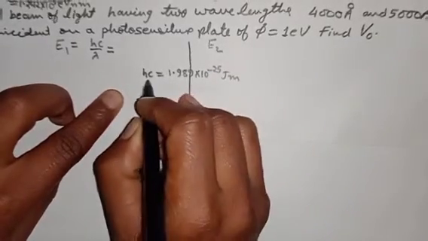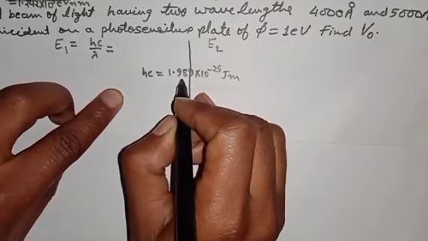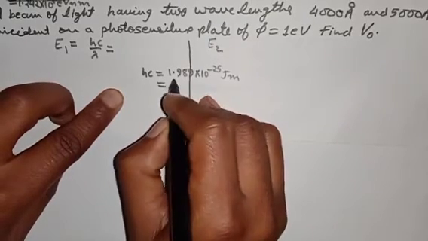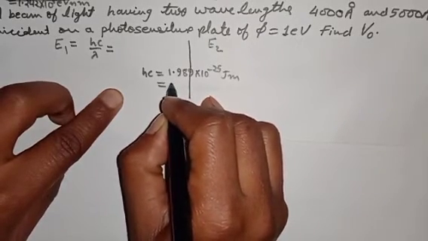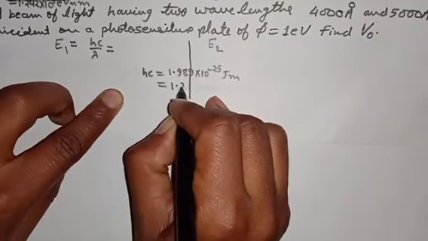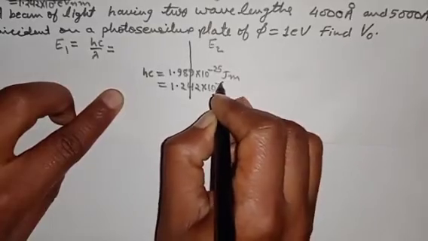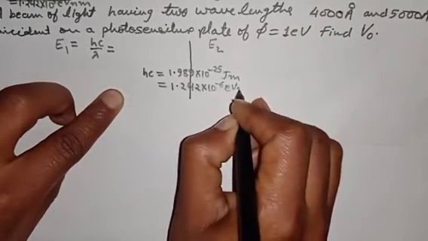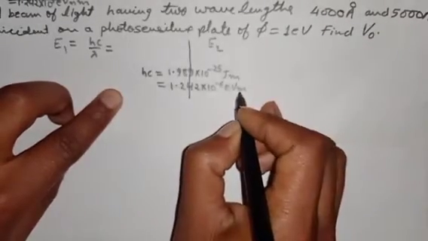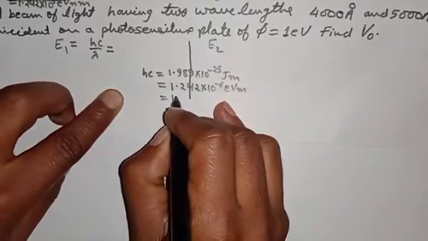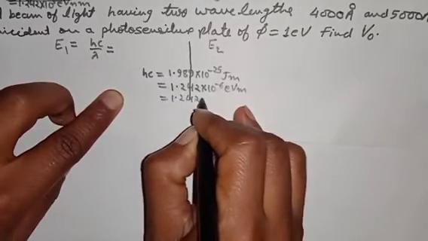You can find it by multiplying h and c, and then if you divide it by the charge of an electron, you can get this value. And when you convert it into nanometer, you would find this value.